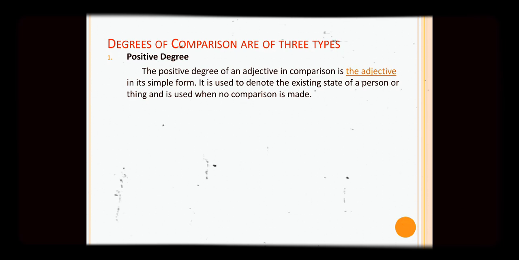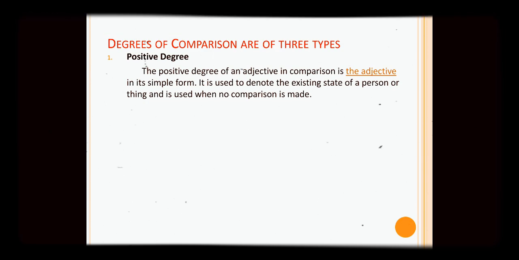It is used to denote the existing state of a person or a thing and is used when no comparison is made. Which means in this positive degree statement, no comparison is made and it is only used to denote the existing state of a person or a thing.